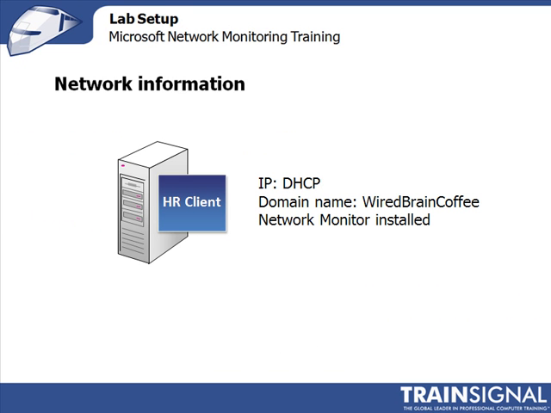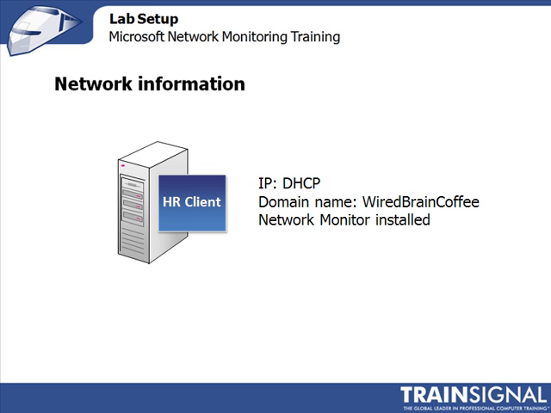For our client-side machine, the name of it is the HR client machine. For IP address, he is set as a DHCP client, so whenever he boots up, he should get his IP information from the DHCP service running on WBC DC1.